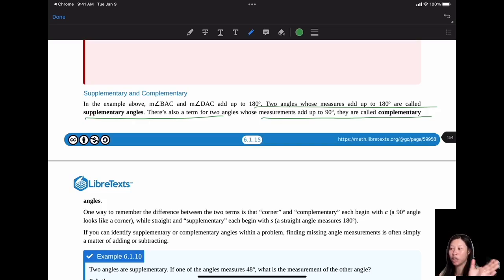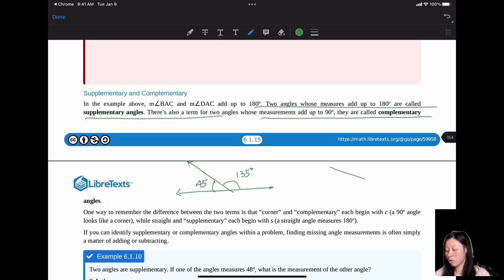They don't need to be adjacent to each other, they can be separate, but as long as the sum of their measurements equals 180 degrees, we call them supplementary angles. The most common one is what we just saw, the straight angle formed by these two angles, 135 degrees and 45 degrees. These two add up to 180 degrees, so we call them supplementary angles.